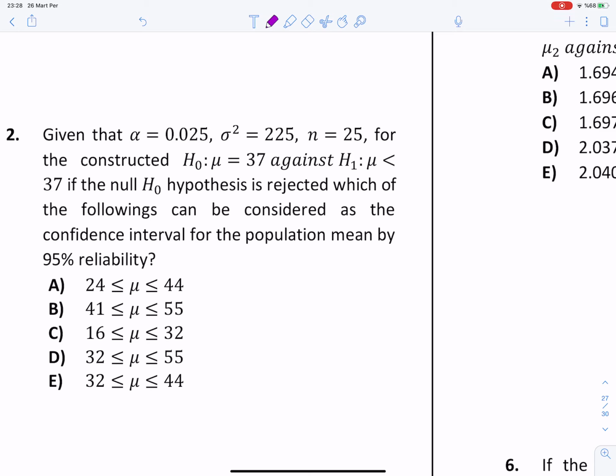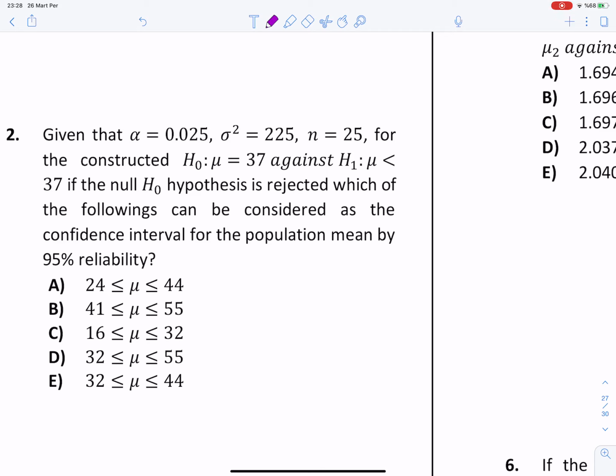But you know that if it is rejected for alpha level 0.025, it makes the same alpha level for 95% reliability. You will have one rejection part on the left side, and one rejection part on the right hand side.